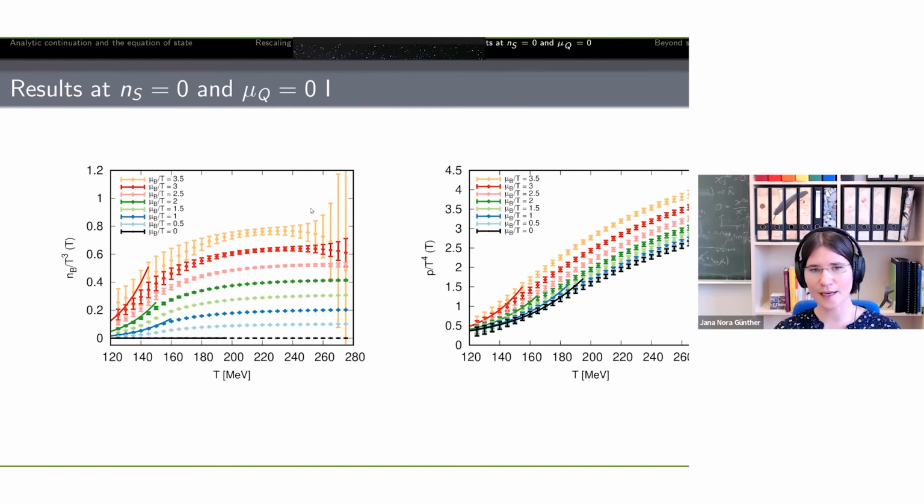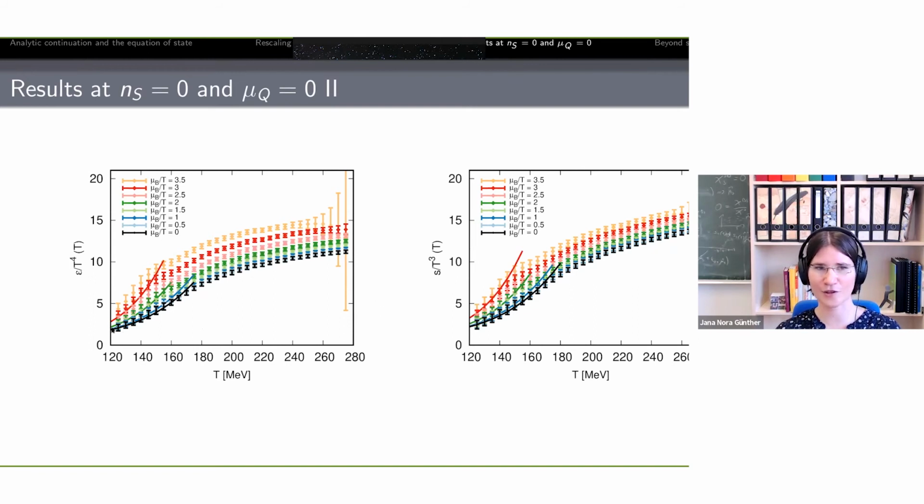That our errors become large here at high temperature is related to the fact that there our shift becomes extremely small, and then it becomes difficult to calculate this accurately. If we calculate the pressure, the nice thing is the errors look much smaller. This is basically just due to the fact that we add a large number. So actually, this is a more precisely known quantity, even though it doesn't look like it in these plots.